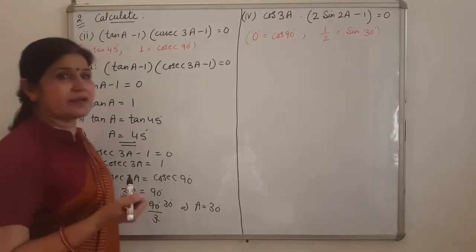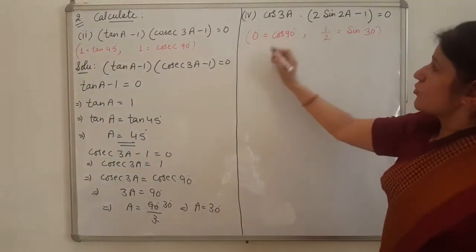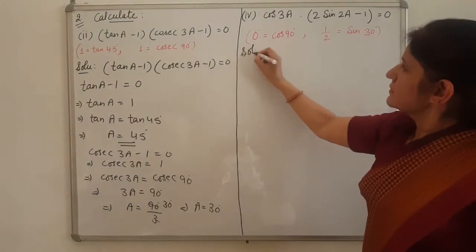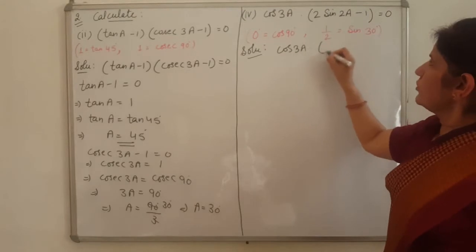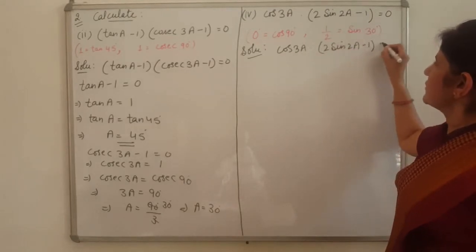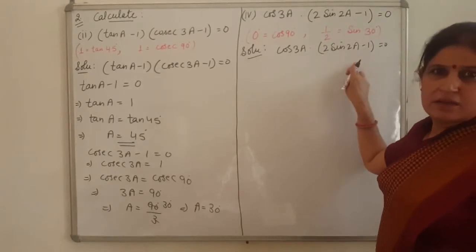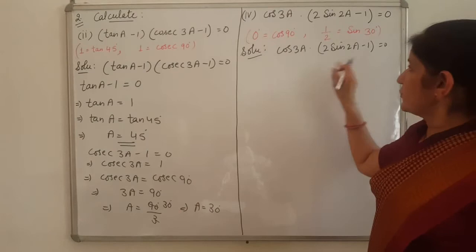Now we will do our next part, the fourth. What is given in the fourth? Cos 3A into 2 sin 2A minus 1 equals 0. That means either factor, any one factor, is equal to 0.